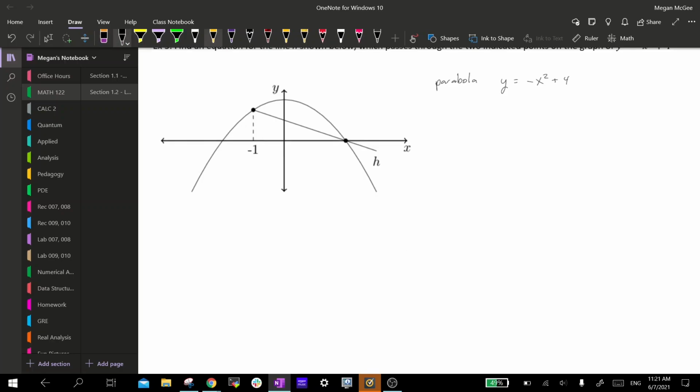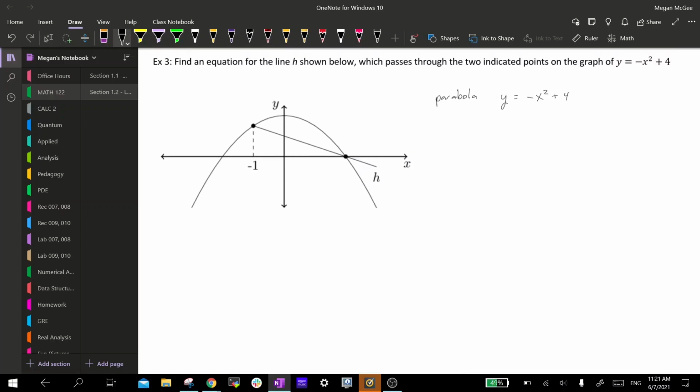Alright, so what we're going to do is try to find these 2 points, and then once we have 2 points, we can come up with the equation of the line, right? So, I'm going to put this here and this here. We want to find these points, and we know that x is negative 1.